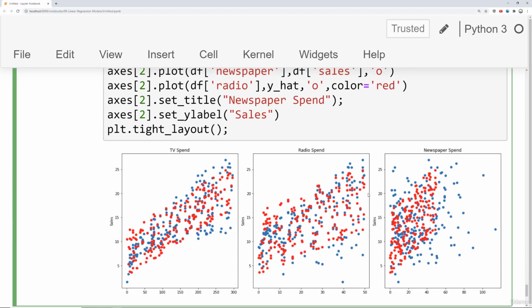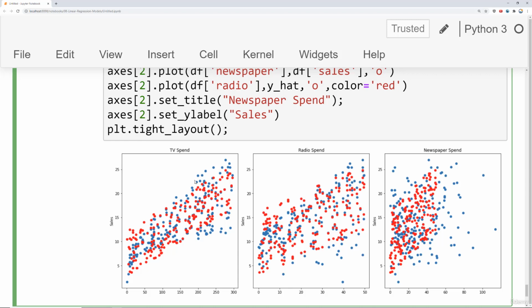So this is kind of the best you can do for visually comparing your actual regression predictions versus the true feature values. Again, it's almost impossible to actually draw a line here because you're dealing with more than just one X feature. You're dealing with TV, radio spend, and newspaper spend. So you'd have to somehow think of a way to map out those axes.